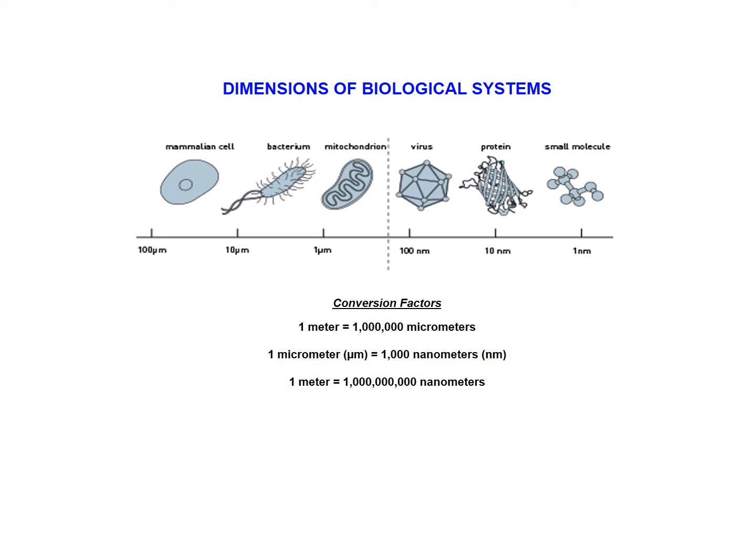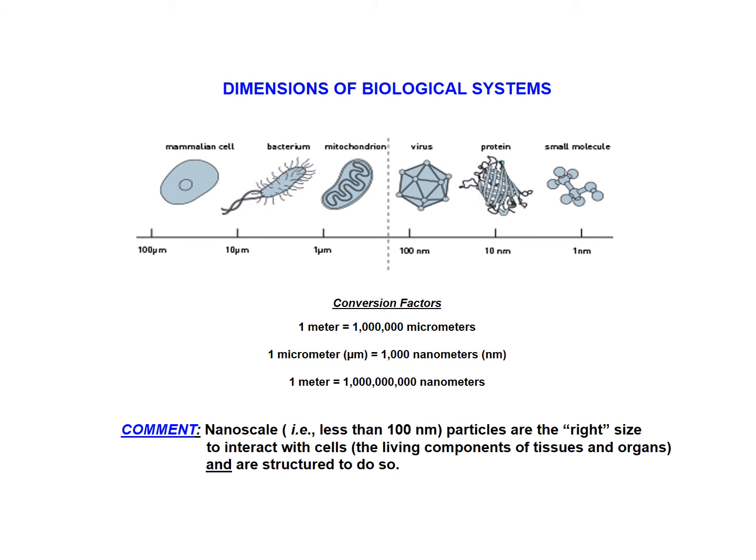But when we get down to the viruses with characteristic dimensions of 100 nanometers and small molecules in the order of 1 nanometer, we have a special situation which is encountered only, potentially, in the case of nanostructured materials. Because when we take into consideration the characteristic grain size of nanostructured materials, less than 100 nanometers, these are the right size to interact with cells and are structured to do so.